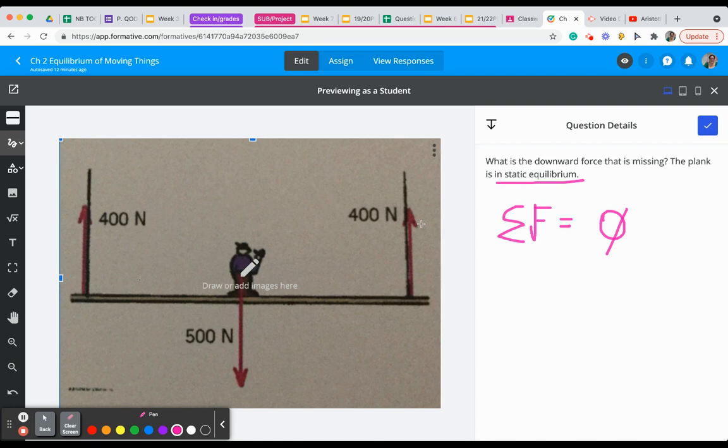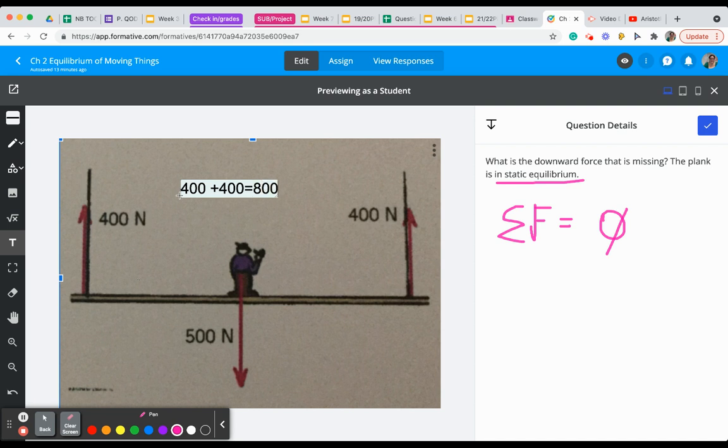In this case, static. So to start with, upwards, we have 400 and we have 400. So we have two 400 Newton forces pointing upward. So we have 400 plus 400 equals 800.